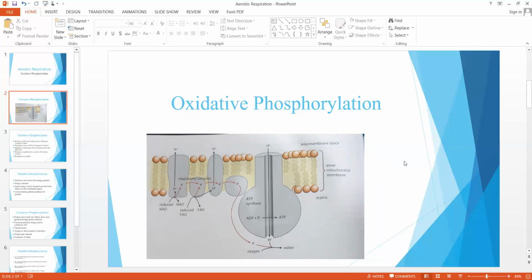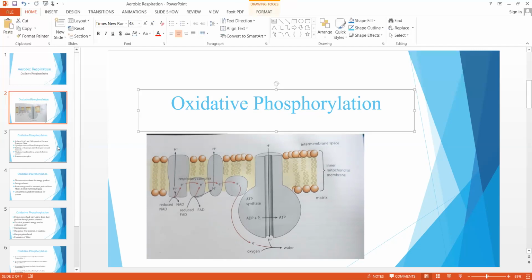And remember that in anaerobic respiration, there is no oxygen present, but only the process of glycolysis occurs there. No link reaction, no Krebs cycle, and of course, no oxidative phosphorylation. Okay, why the link reaction and Krebs cycle don't take place in anaerobic respiration, that's a later discussion. We will see to it when we talk about anaerobic respiration.